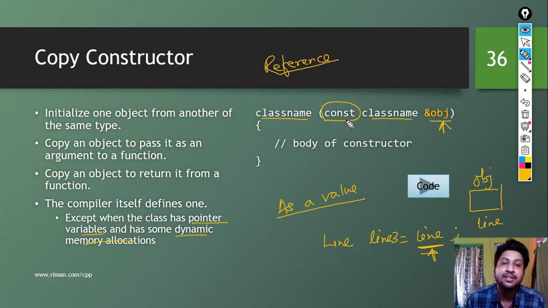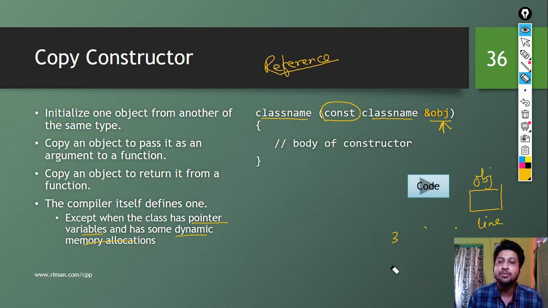But as we have made it constant, it limits the capability of pass by reference, and the permission to change anything on this object is revoked from this reference. So we can just use this reference to create the new object or set the values for this new object.